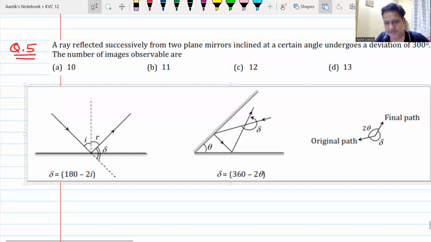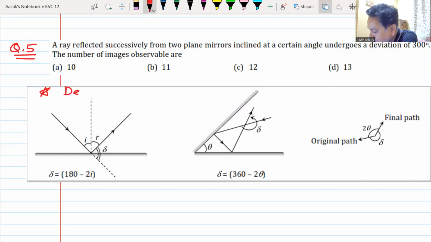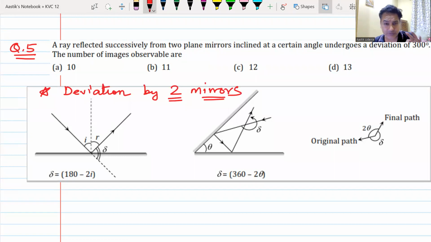I probably thought that you can do it geometrically, but you can note down this point. The heading of the point is deviation by two mirrors.